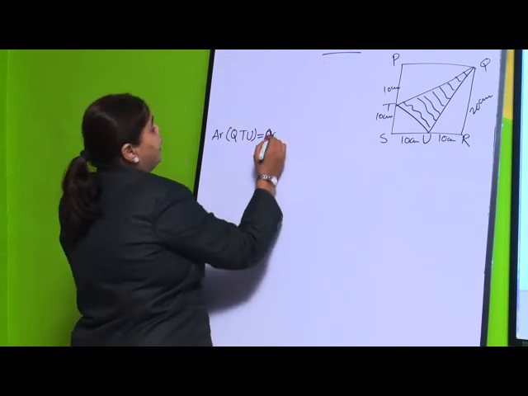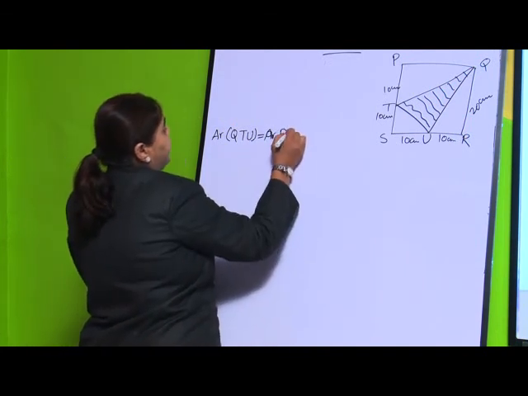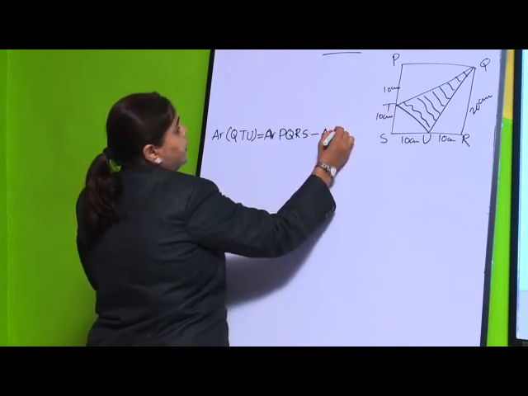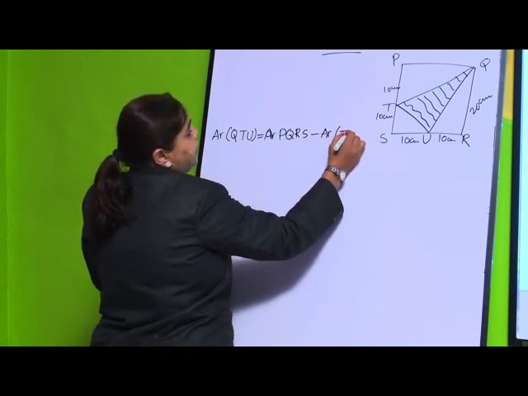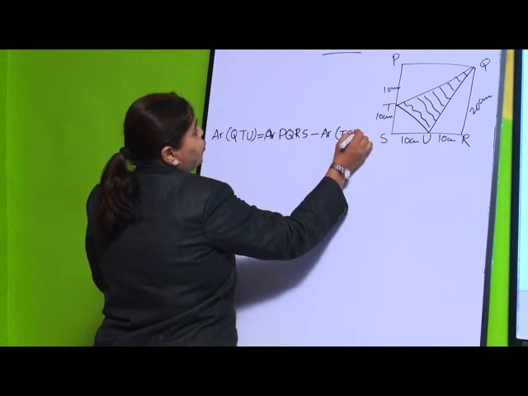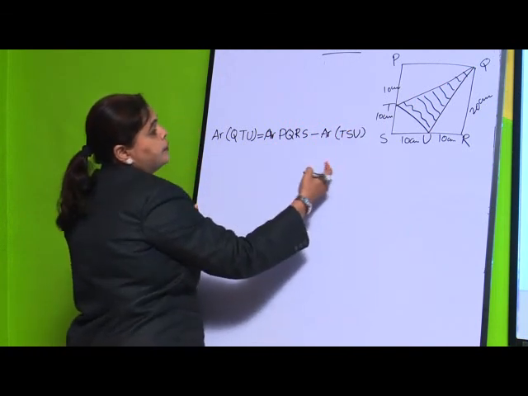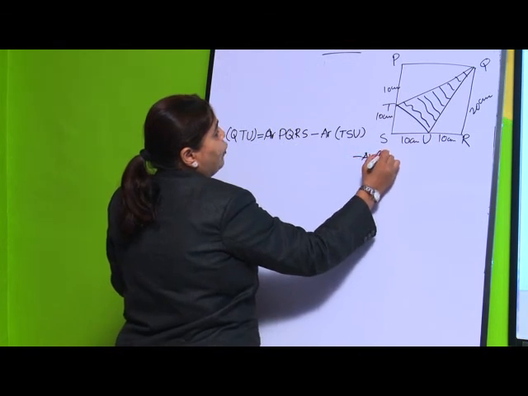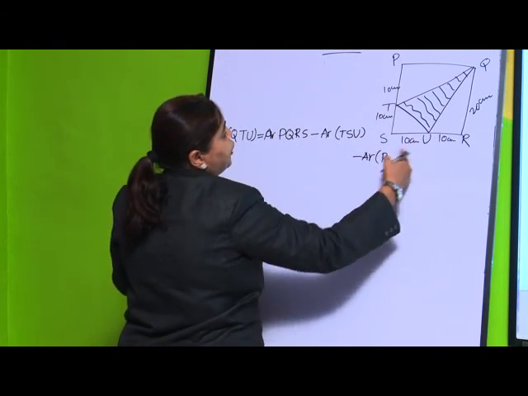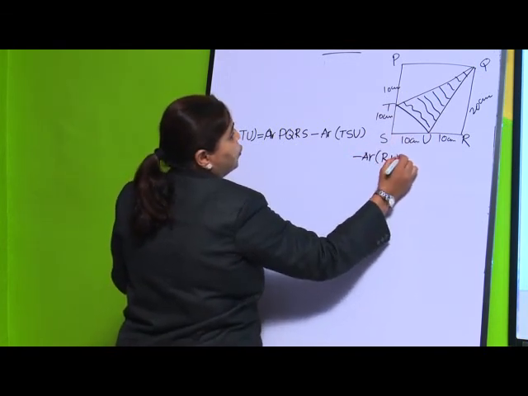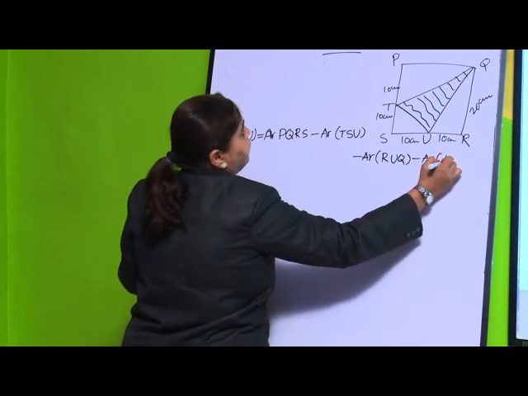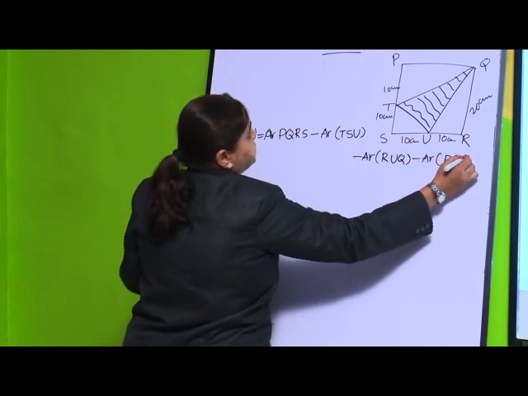Here is PQRS, area of PQRS minus area of TSU, minus area of RUQ, minus area of PQT.